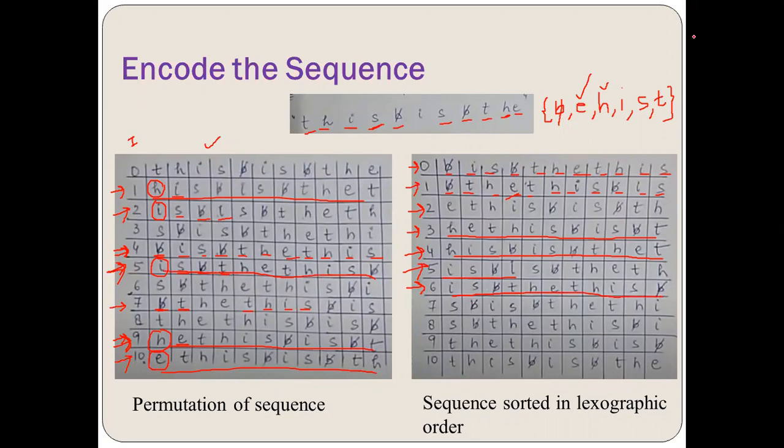Now I'll look for the next symbol, that is S. S has again 2 rows with S in the first position. This is S, and then I have the 6th row also S. Again, I'll check which one to be taken first.